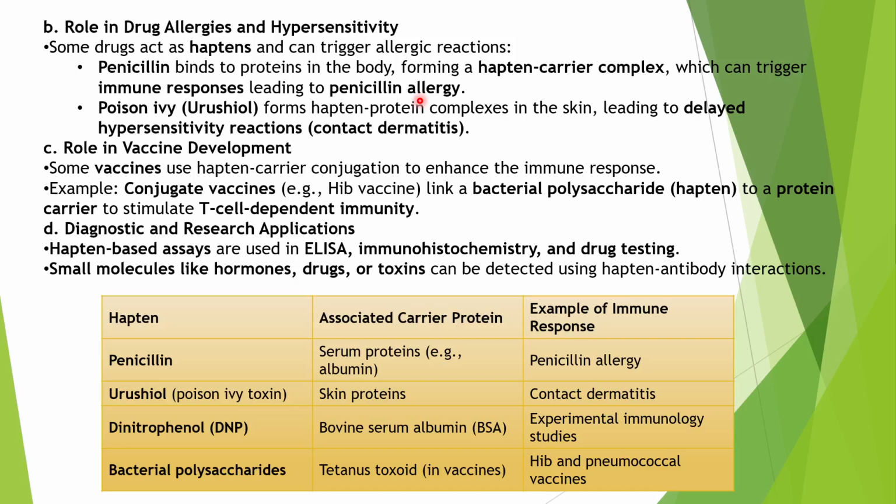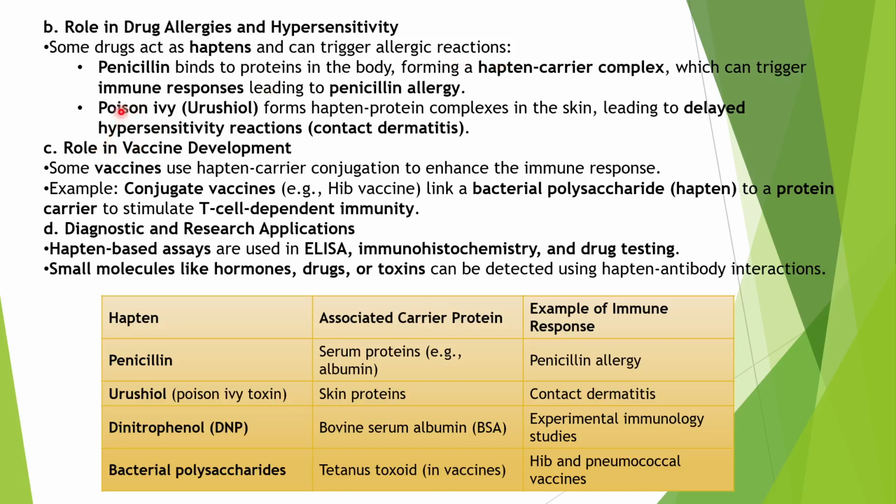So sometimes when antibiotics are prescribed, they also check whether a particular person is allergic to certain antibiotics or not, because a few of the drugs also have antigenic property, and since they are smaller in size, they are haptens. But when within the body they bind to proteins like albumin or globulin, they can become immunogenic in nature.